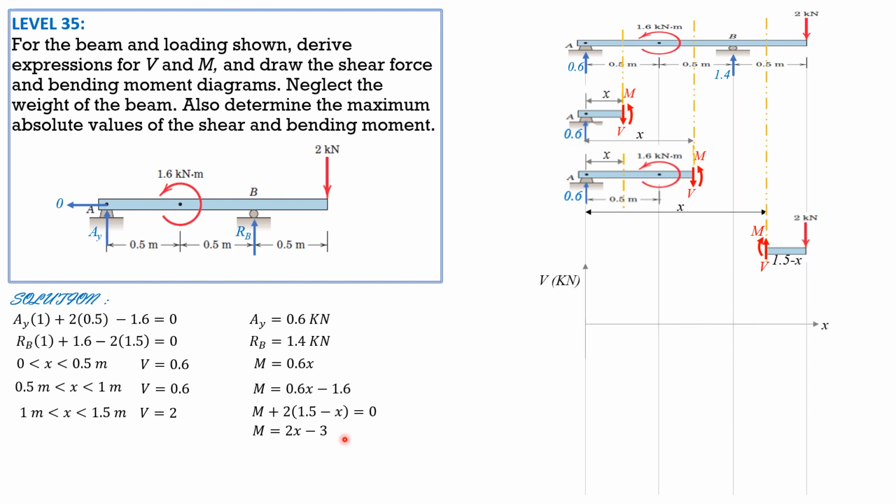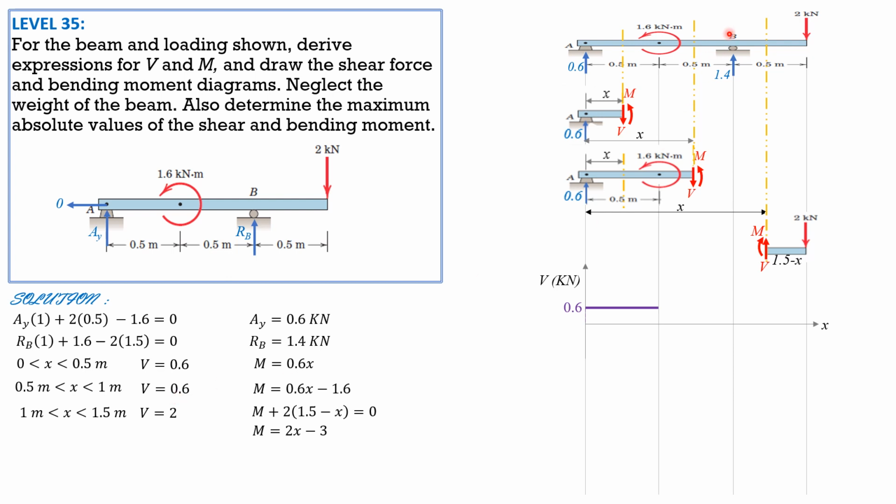So let's plot now the shear and moment diagram. When x is 0, it's 0.6. When x is 0.5, it's also 0.6. Then 0.5 to 1. When x is 0.5, it is still 0.6.